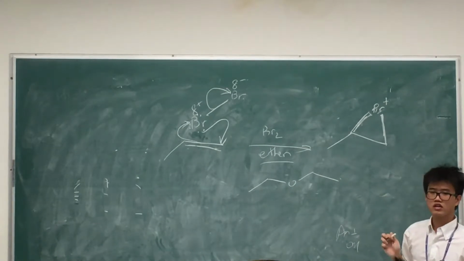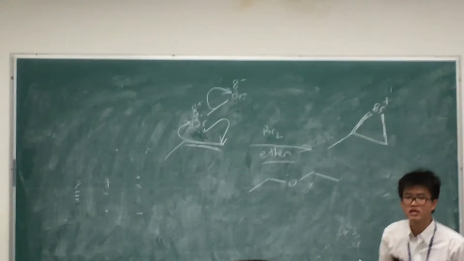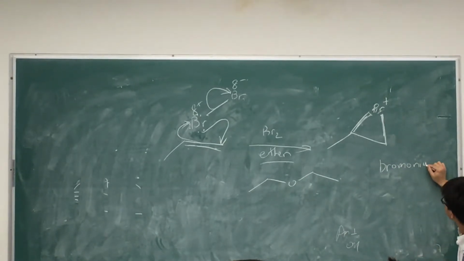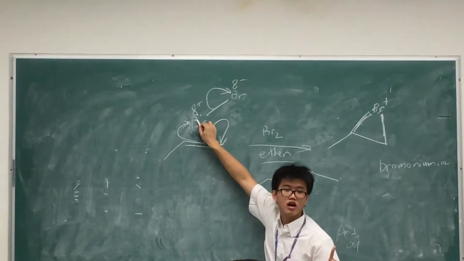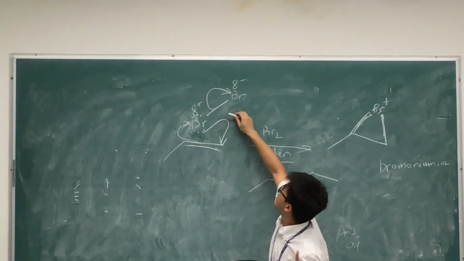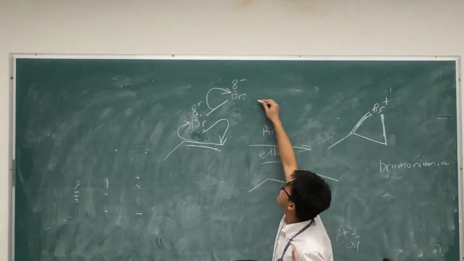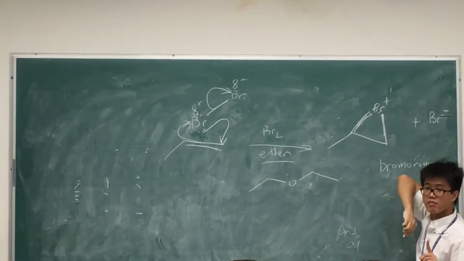How do you get the structure? Bromonium ion. And remember, the first step includes donating electrons to one of the Br, okay? And breaking the bond between those two Br to form Br minus.